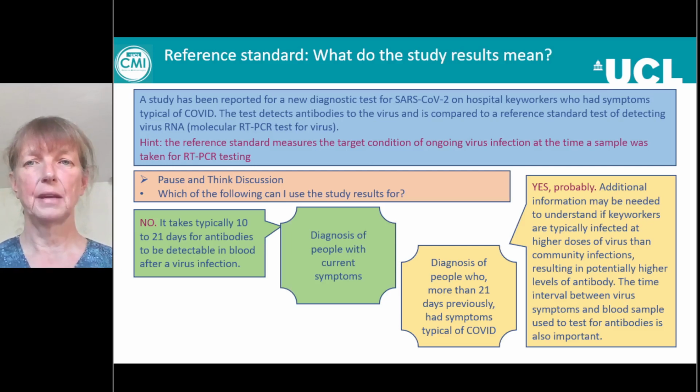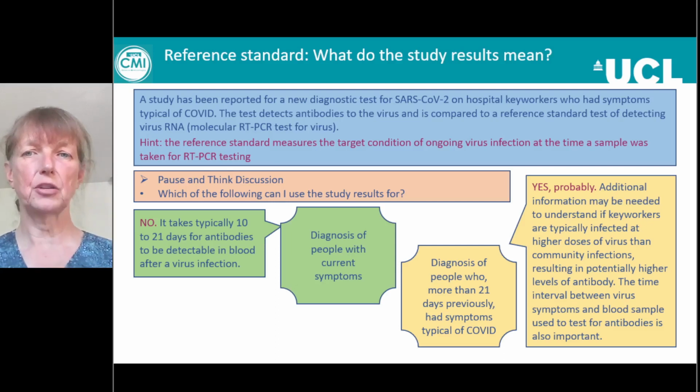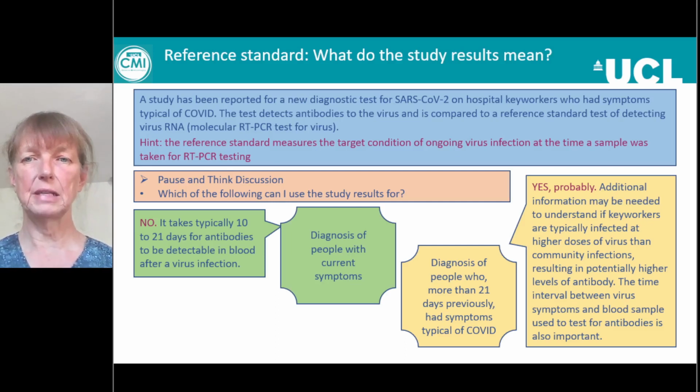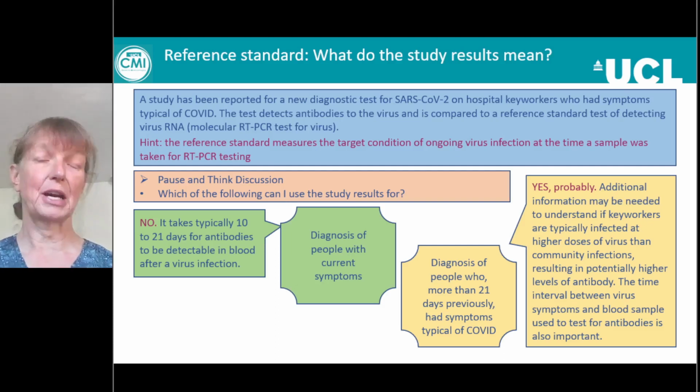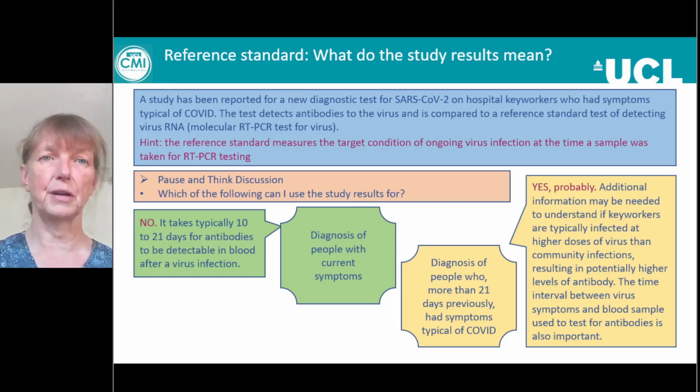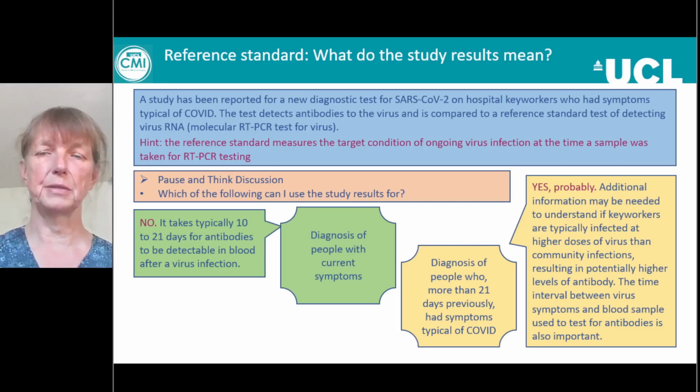So the people had symptoms. The study looked at people who had symptoms, and it looked at whether they had virus infection or not. So if people had had symptoms previously, and 21 days later, we could probably say that this test could be used to work out how many of those people with symptoms had had COVID as opposed to a different virus that gave similar symptoms.